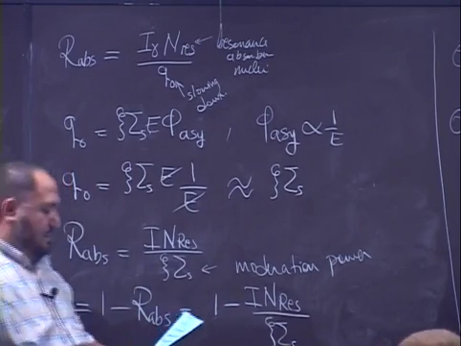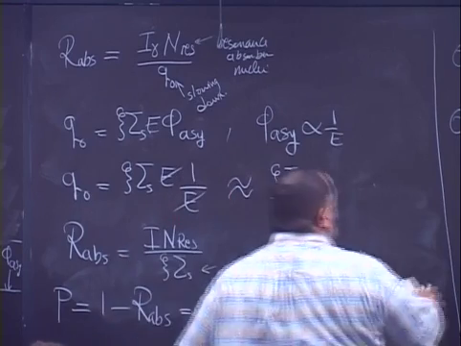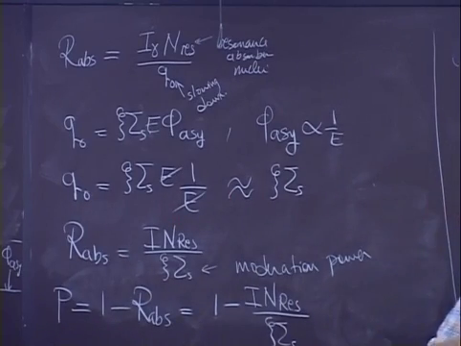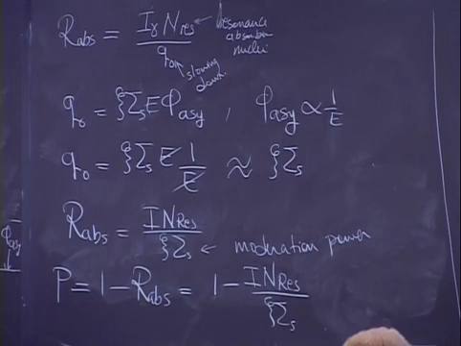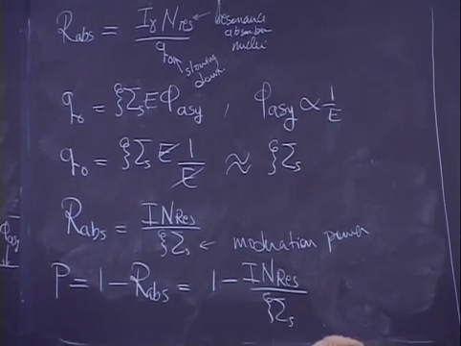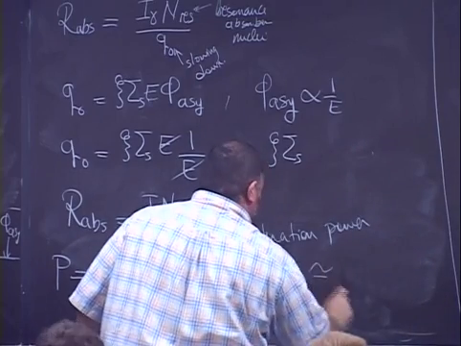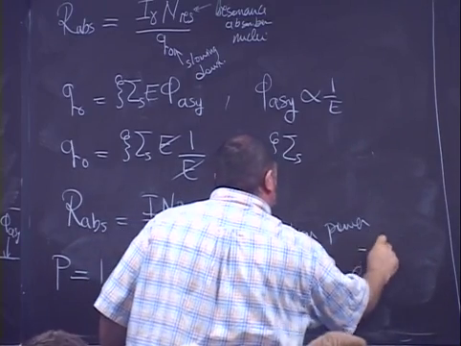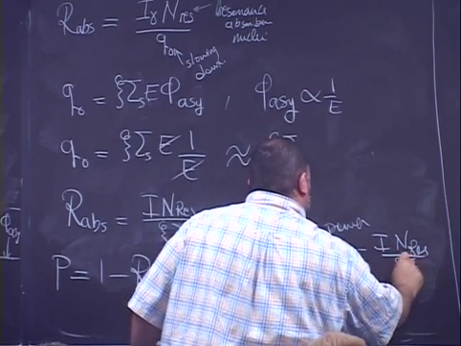And now for a small value, this can be written as e to the power of minus I N resonance divided by Xi sigma scattering.